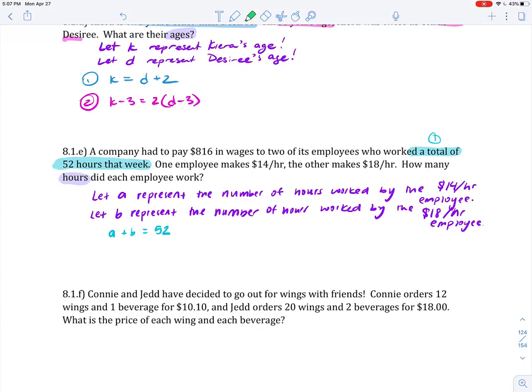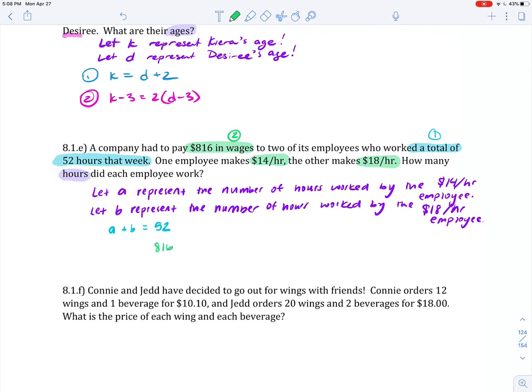Now, highlighter. Green. The other information says that there's a total of $816 in wages for its 2 employees, and one makes $14 an hour, one makes $18 an hour. That information is going to give us equation number 2. We need to include our variables in there. If the total amount paid out to those 2 employees is $816, how much is paid to the first $14 an hour employee?